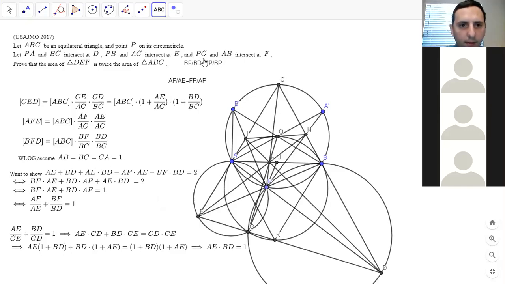And so then we can add the two. Okay, so that's the same as 1 over AP plus 1 over BP is FP? Yes. Interesting.